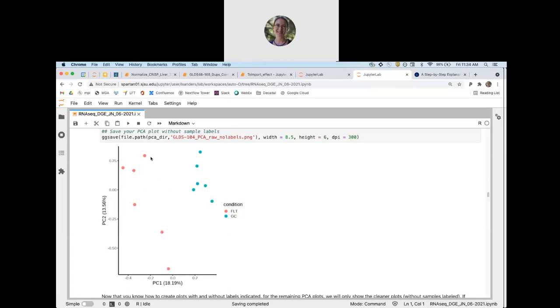So whatever is causing, and we don't know this, whatever is causing the flight samples to spread out a little bit, that's the variance that's captured in PC2.